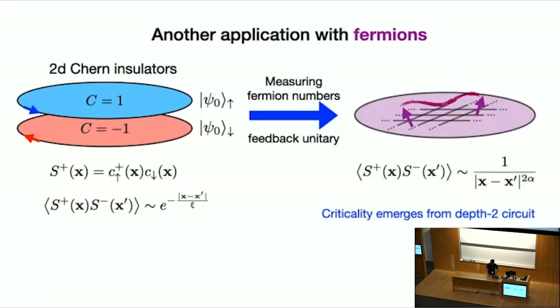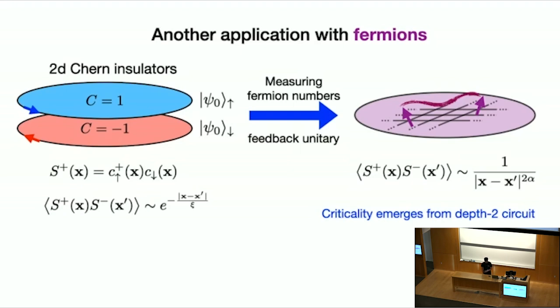On the other hand, what we can show is, given this Chern insulator as an input state, if you first measure the fermion number everywhere and apply some simple unitary feedback, you can engineer an output state so that the two-point function decays algebraically. So that is a striking example where criticality can emerge from a constant-depth circuit, right?